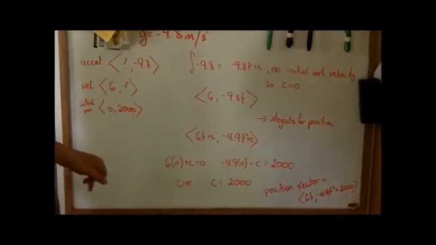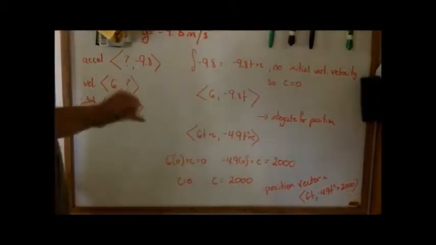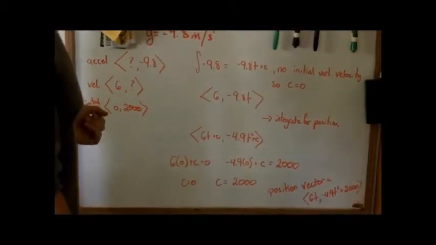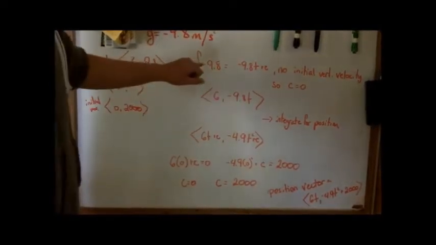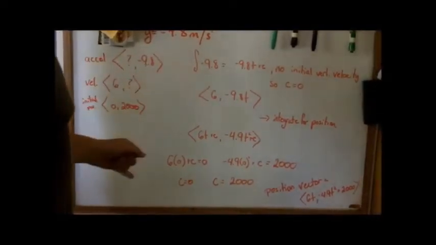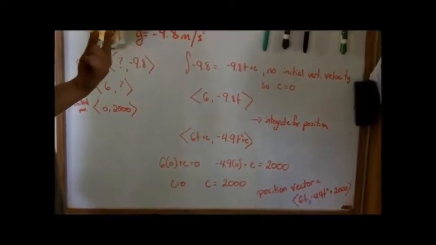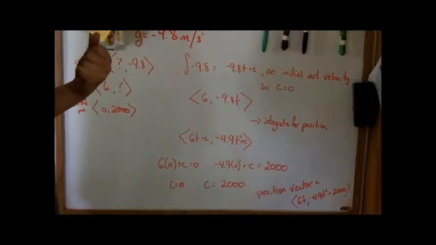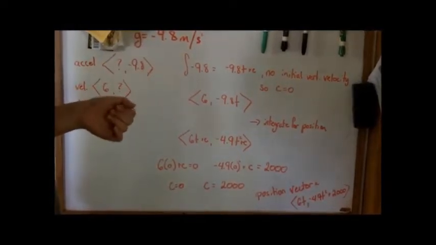Now in order to get to the position vector, we have to integrate both the acceleration and the velocity vectors to get to the position vector. So we'll start with the acceleration vector. Now we use the reverse power rule on the negative 9.8 meters per second squared, and we get negative 9.8 t plus c. Now we know that I was thrown with an initial horizontal velocity only, so I have no initial vertical velocity.